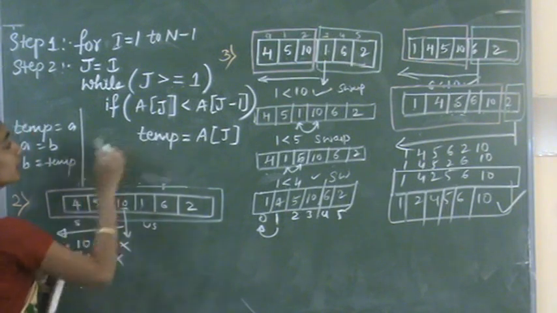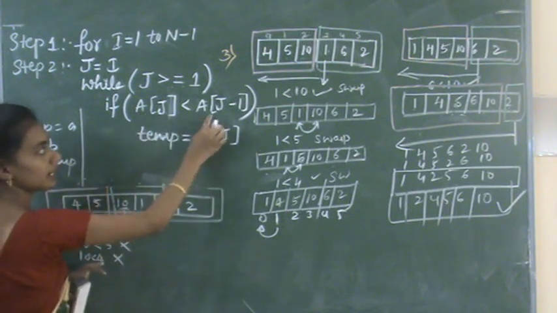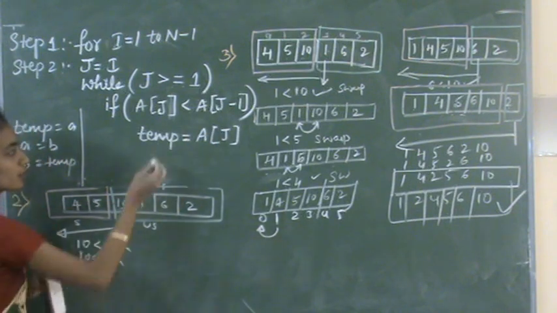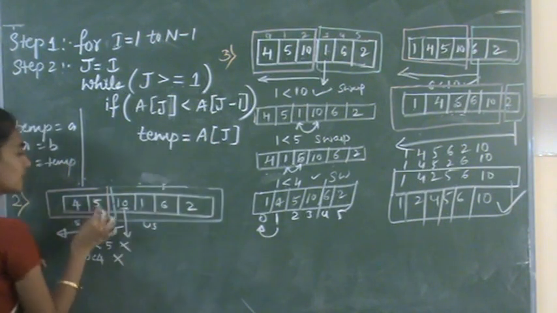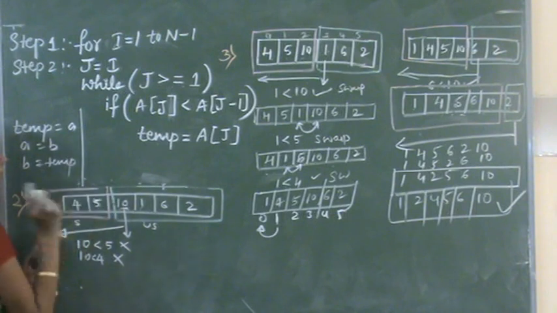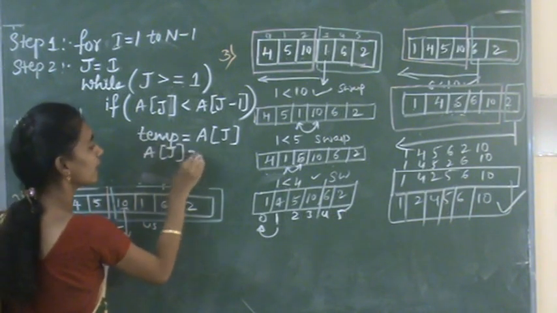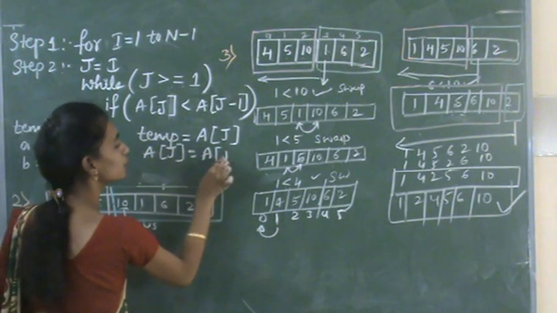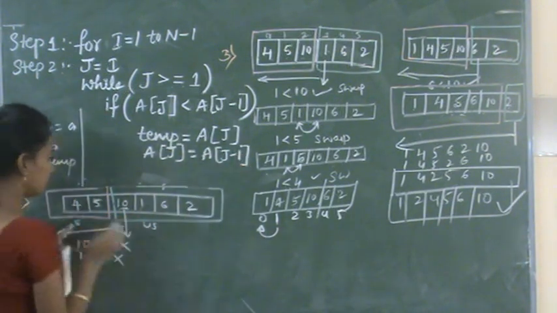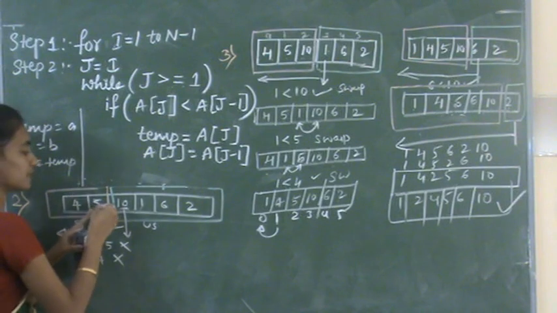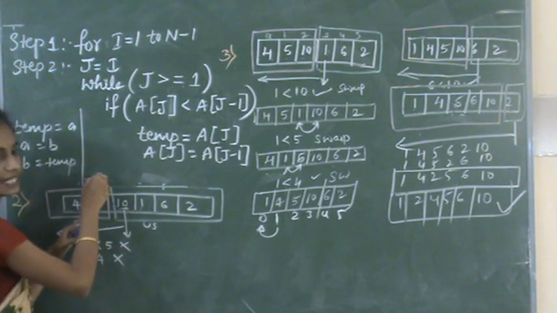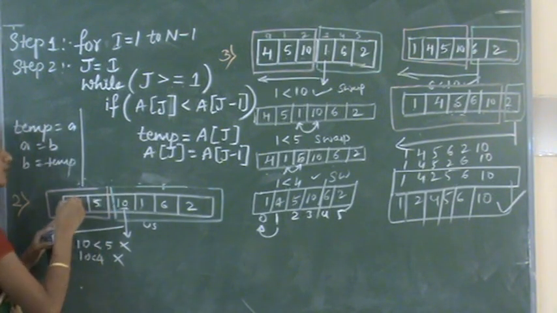Instead of a and b, we are taking a of j and a of j minus 1. So now I am assigning this a of j value to temp. Then a of j minus 1 value, which previously is 4, is assigned to a of j.